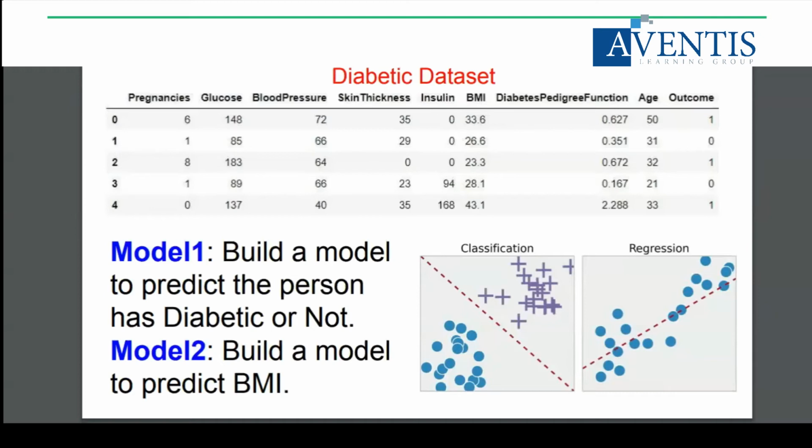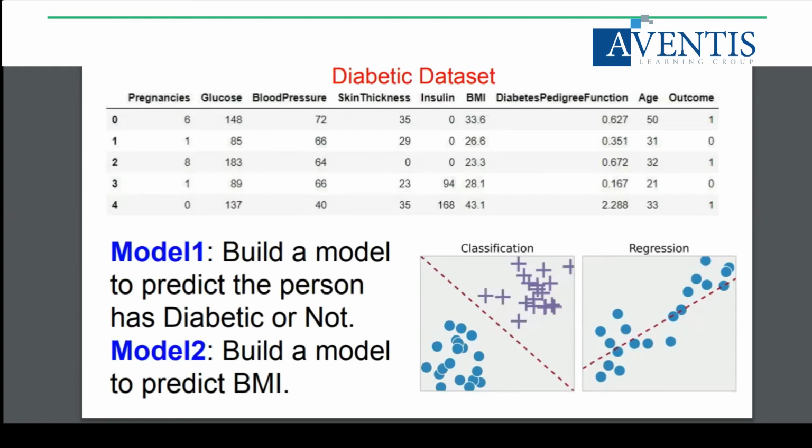So there are an infinite number of possibilities in the case of BMI index. So this kind of data is called continuous data. And if you want to predict something which is continuous in nature, then you need to build a regression model.